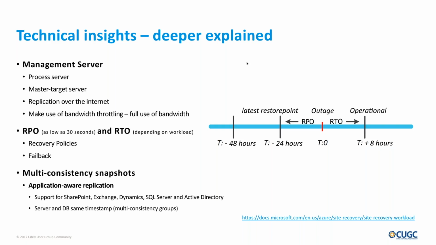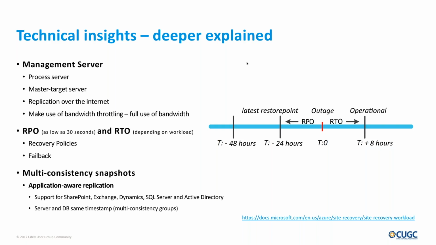And that being said, you also have the option to choose multi-consistency snapshots, which are used for application and replication. For example, when you are using an application server and an application database, and the timestamp of your application server is different from the timestamp of the database server.